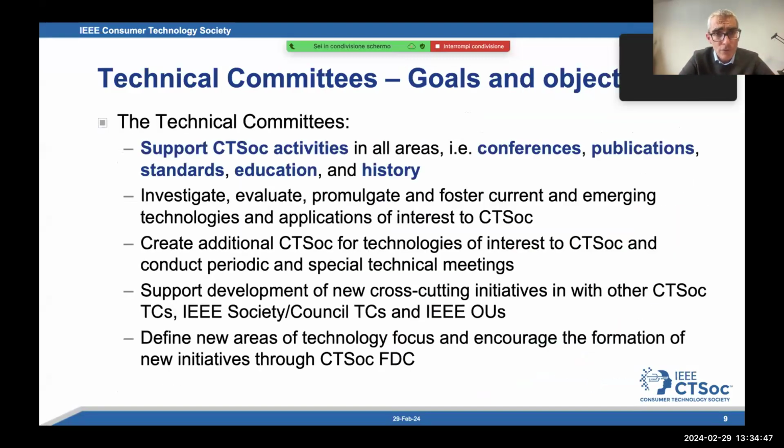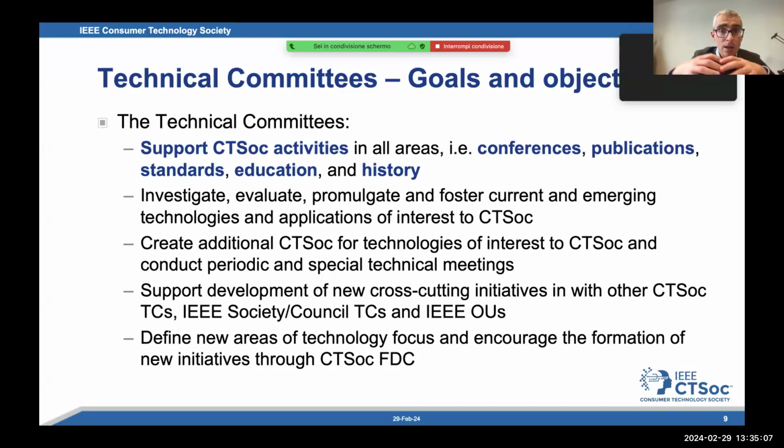CTSoc, supporting the society's activities in the areas of conferences, publications, standards, education, and history. So the technical committees are supporting the development of new applications, are supporting the exploration of new areas of interest for CTSoc.